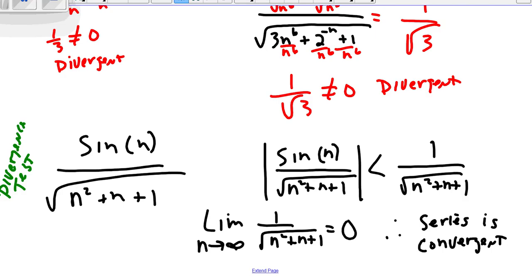Our next series is sine of n over the square root of n squared plus n plus 1. Doing the divergence test, we remember that sine is just going to alternate between +1 and -1.